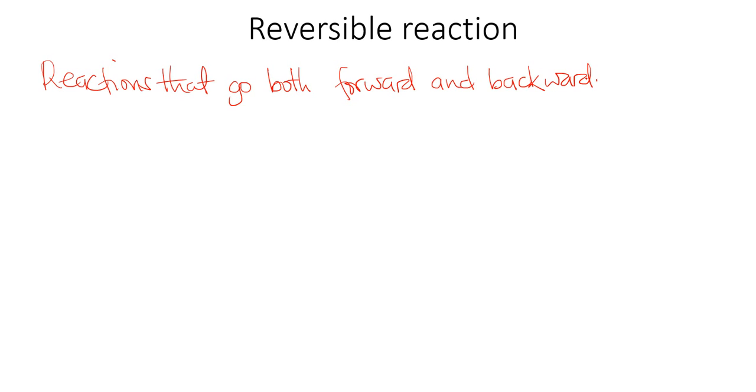So at first, maybe we can have a lot of reactants forming more products, but there will be a time when we have formed enough products that the forward reaction will be equal to the backward reaction. At that time, we say we have reached an equilibrium situation for a chemical reaction.